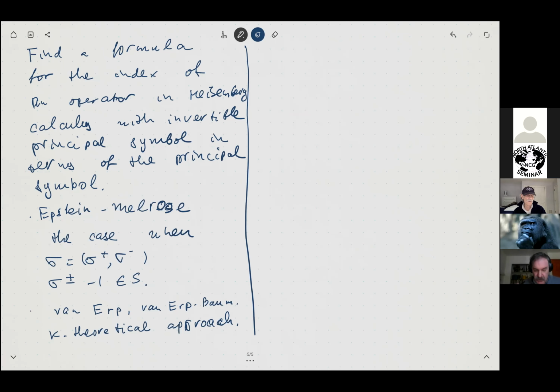Okay, and so Raphael Ponge applied techniques of cohomological local index formula to this problem, and so did obtain a local index formula, but this is essentially computations in terms of the complete symbol rather than the principal symbol.